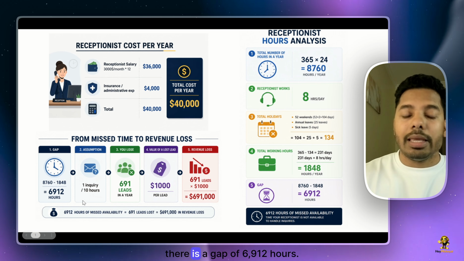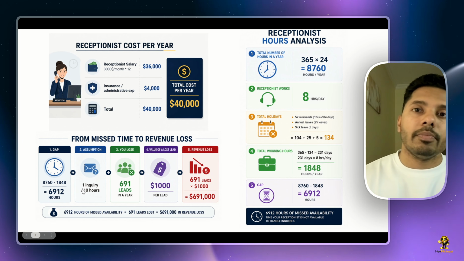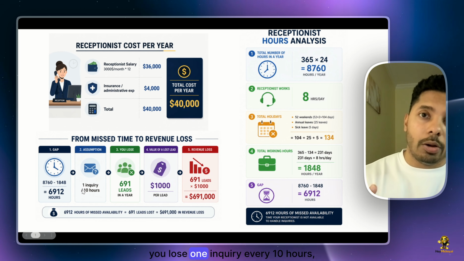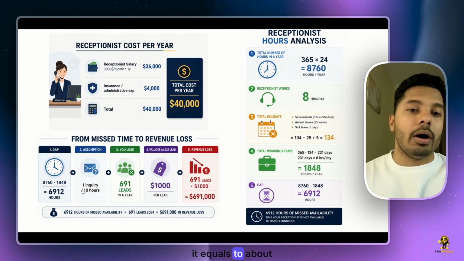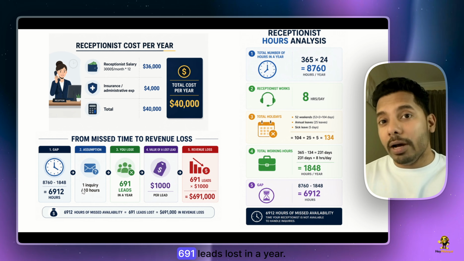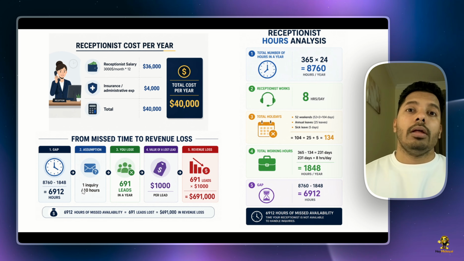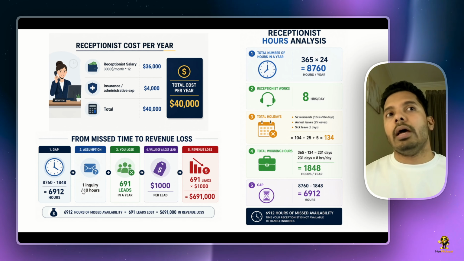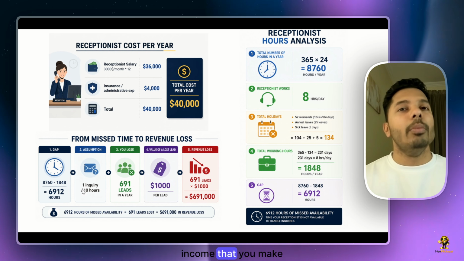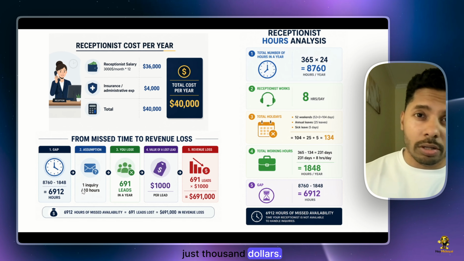Now, let's see how this could impact your business. So there is a gap of 6,912 hours. Assuming that you lose one inquiry every 10 hours, it equals about 691 leads lost in a year, right? Now, across the year, let's say the average income that you make from one customer is just $1,000.